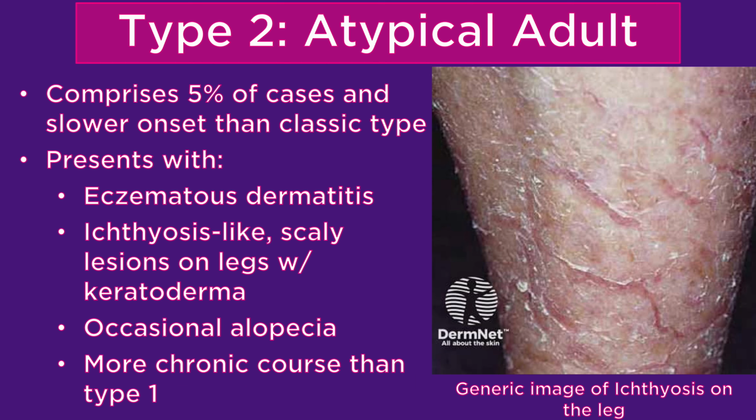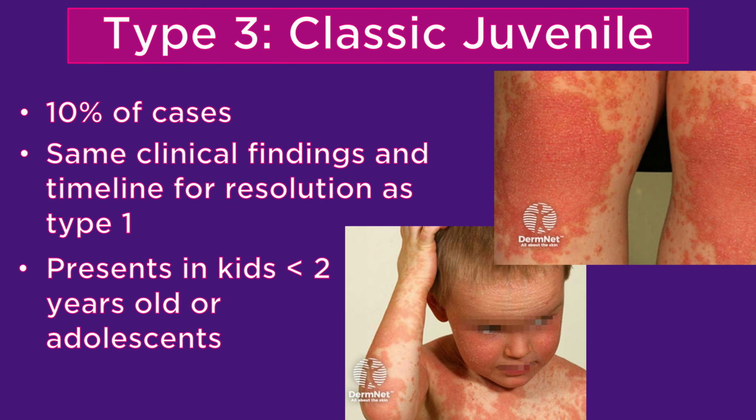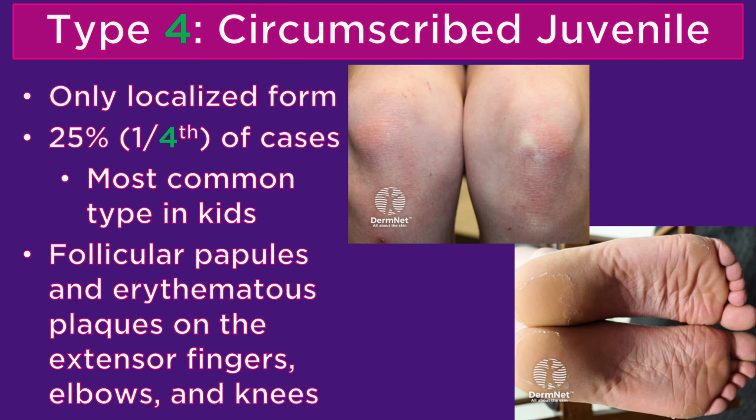Type 2 is the atypical adult form seen in 5% of cases with slow onset of ichthyotic leg lesions, keratoderma, and possibly alopecia. Type 3 is the classic juvenile PRP seen in 10% of all cases, whereas Type 4 is the only circumscribed form of PRP, which is also the most common juvenile form, making up a quarter of all PRP cases.